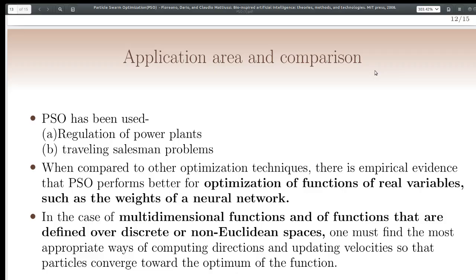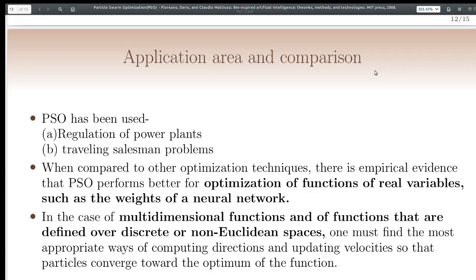Now let's see the application areas and comparison of particle swarm optimization. Particle swarm optimization can be used in regulation of power plants and traveling salesperson problems. When you compare this with other optimization techniques, PSO performs better for optimization of functions of real variables, so it is a good algorithm for optimizing the weights of neural networks.